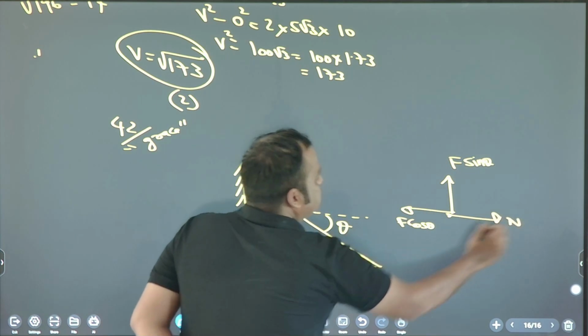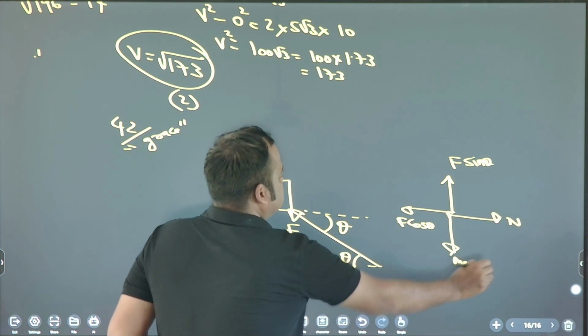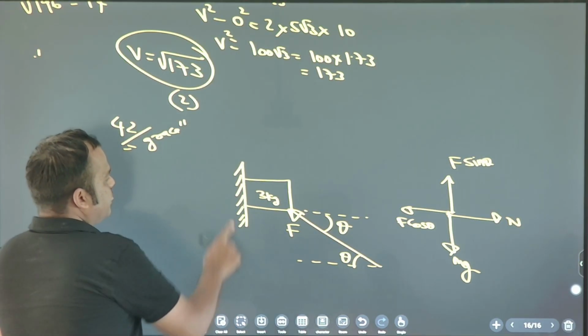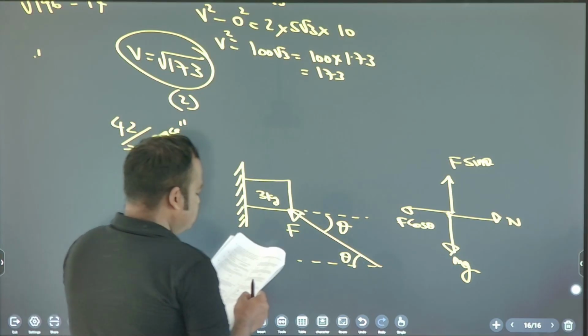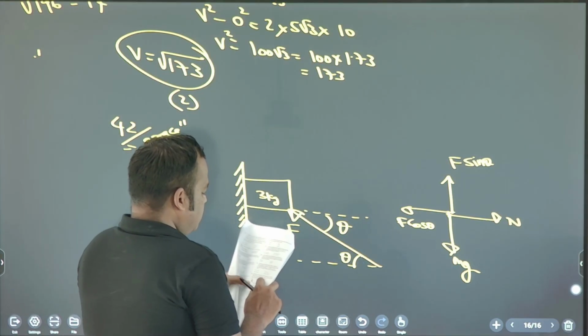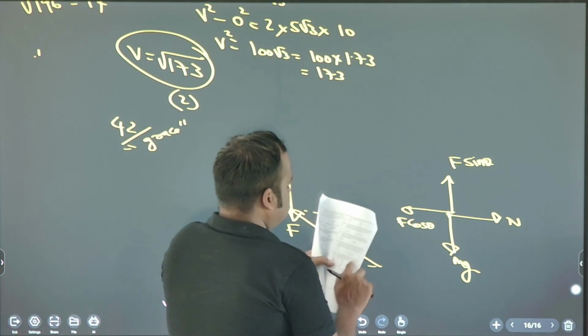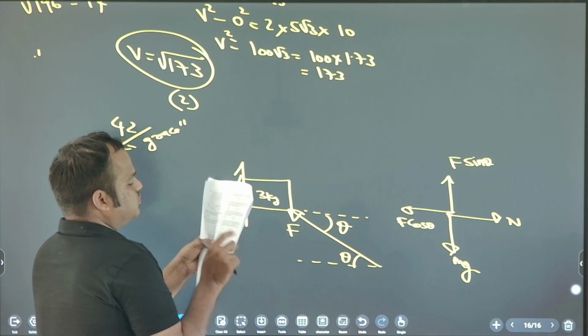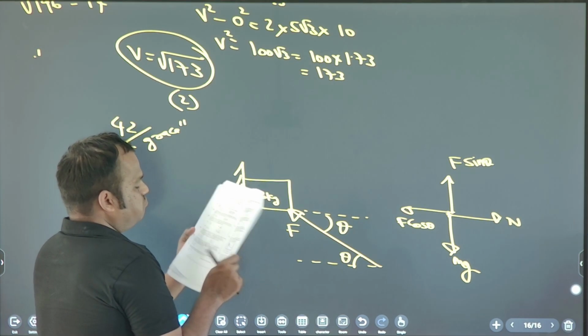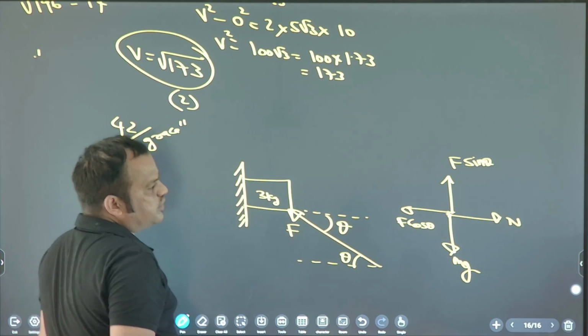This is normal. This is mg. This normal will be this way. Force is given 100. Theta must be given. Without theta we cannot solve.